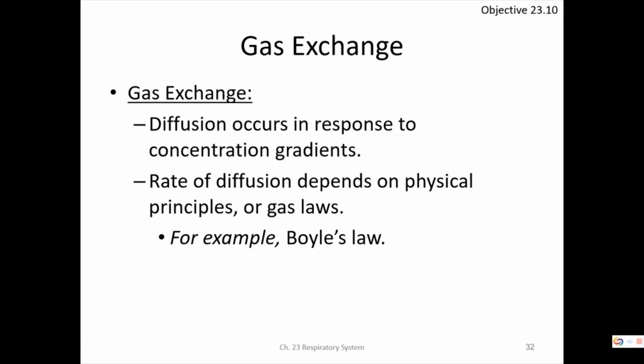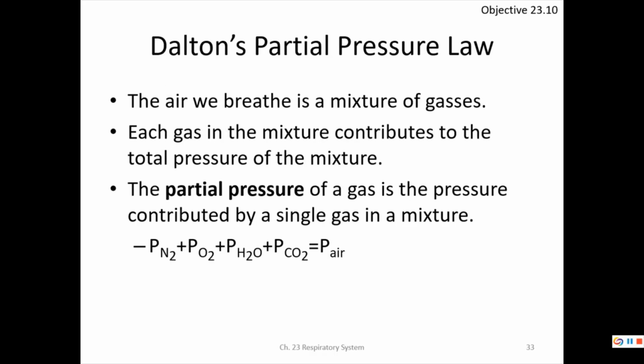So what we want to see now is Dalton's law of partial pressure. Now, let's just make sure the air you breathe is a mixture. We have nitrogen, oxygen, water vapor, carbon dioxide. Now, I want you to be thinking, when you go to campus or you go out somewhere, when you go to class, you carry a backpack.